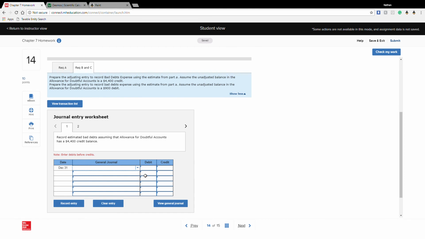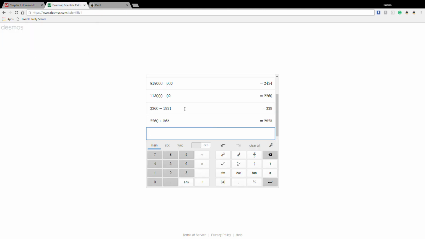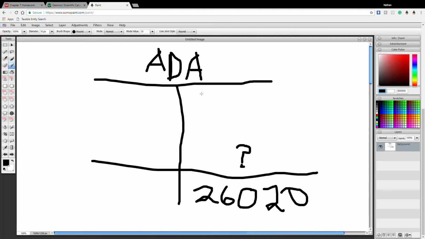Okay, again, since this is a setup, no matter which way it is, it's still bad debt expense and allowance for doubtful accounts. So again, this is a credit balance. On my chart, I know it started out with 4,400.